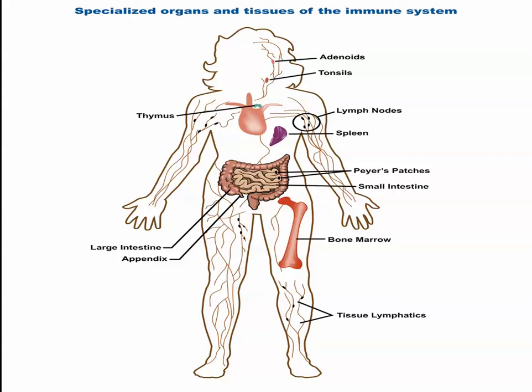On the other hand, we have the lymphoid cells, which are the B cells, T cells, and natural killer cells. Many organs and tissues contribute to these special immune cells: thymus, tonsils, lymph nodes, lymph tissue, bone marrow, appendix, and Peyer's patches. All this is shown in this beautiful picture about the origin of these cells.